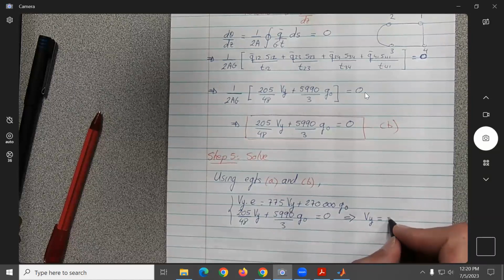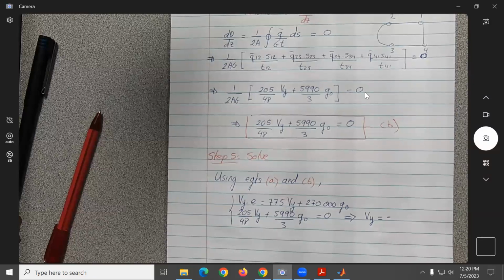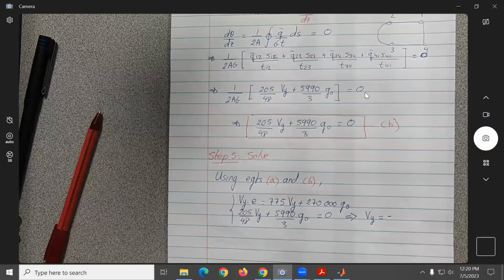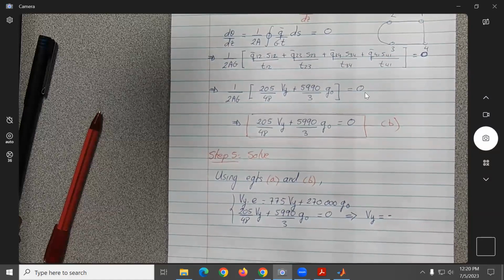Should be a negative value. Or should we do the opposite? I don't know. Hold on 1 second. Maybe we need to do the opposite. No, we need to solve for q sub naught. Okay, what would that give you?